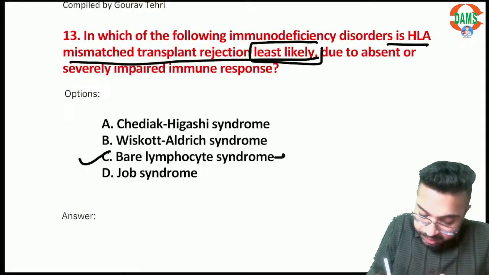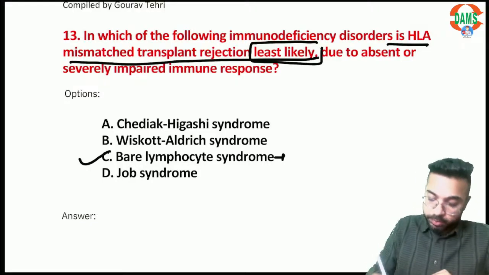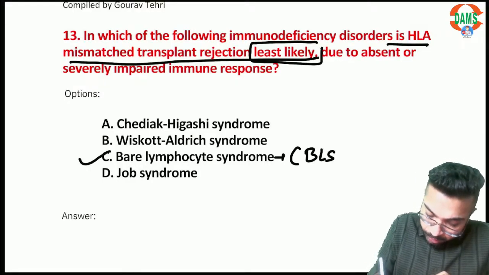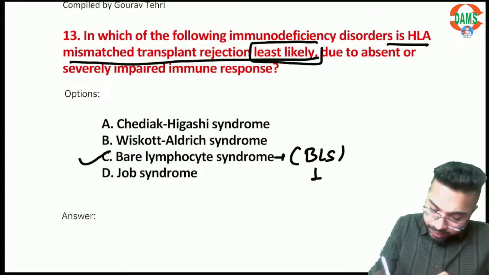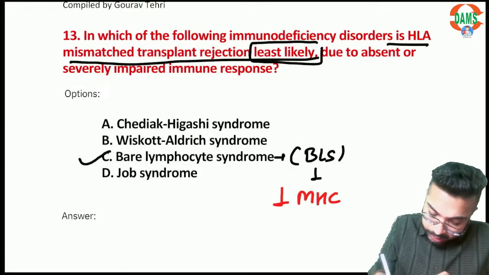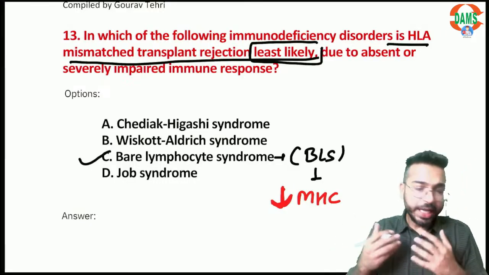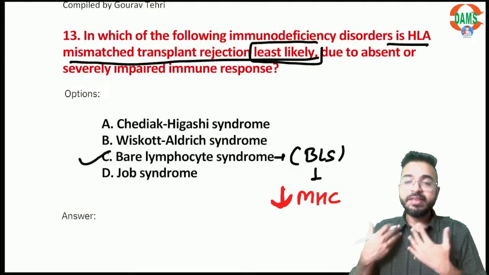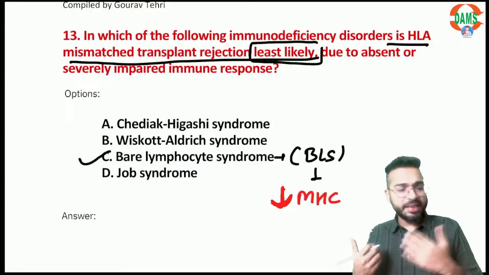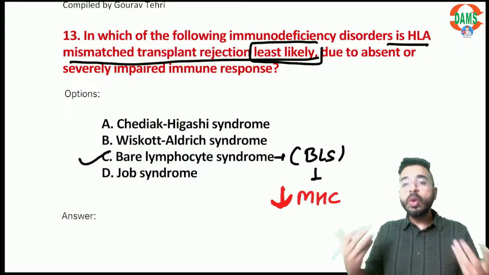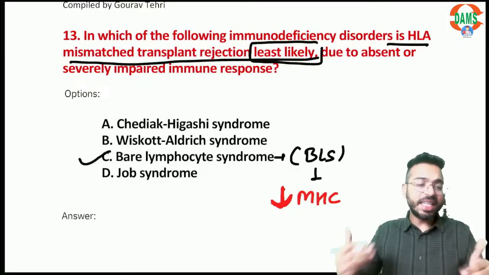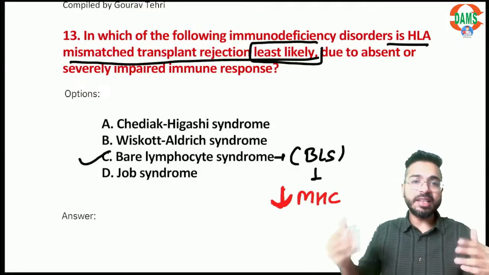We have studied this. In Bare lymphocyte syndrome, you call it BLS, there is deficiency of MHC molecule. In animals we call it MHC, in humans we call it HLA. If there is no MHC molecule, how can HLA mismatch reactions occur? So that is not possible.